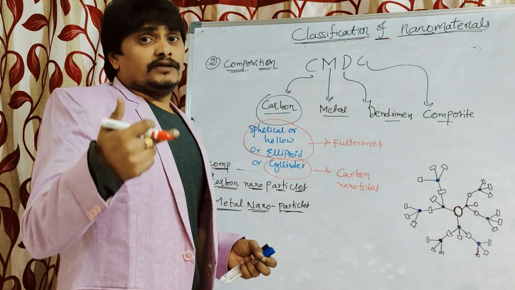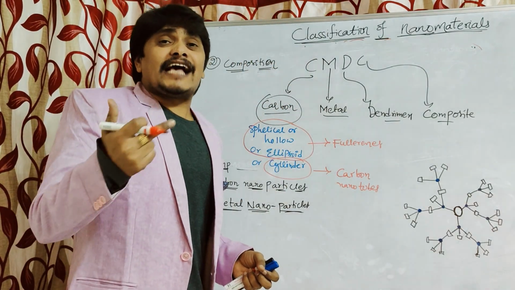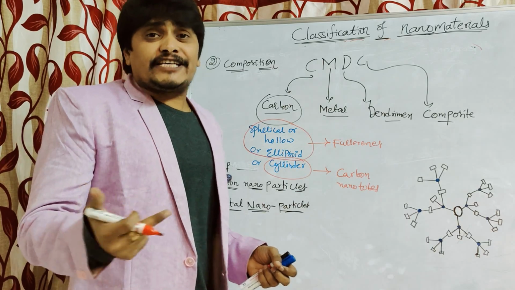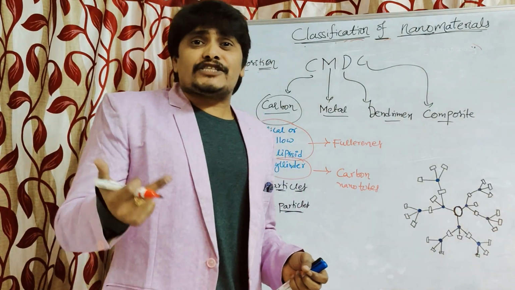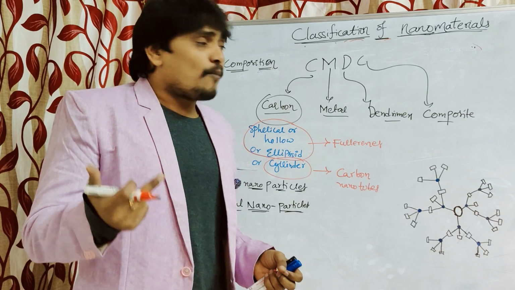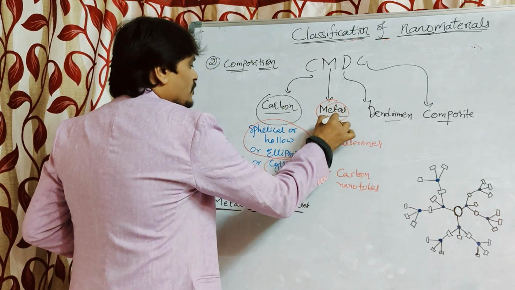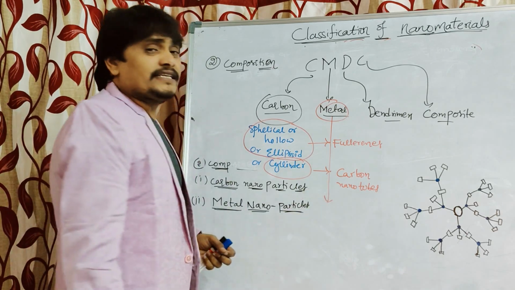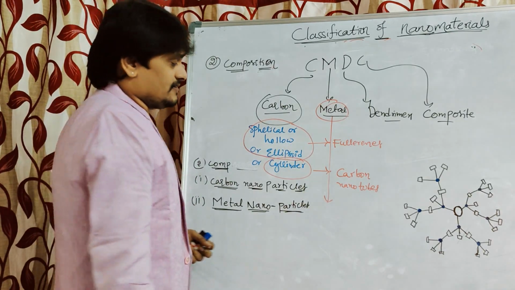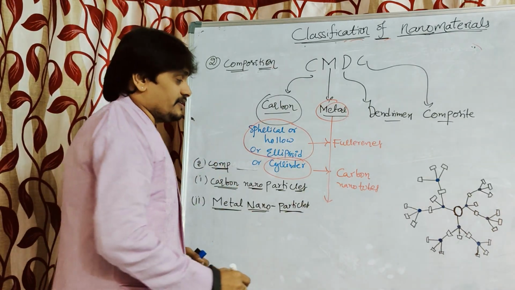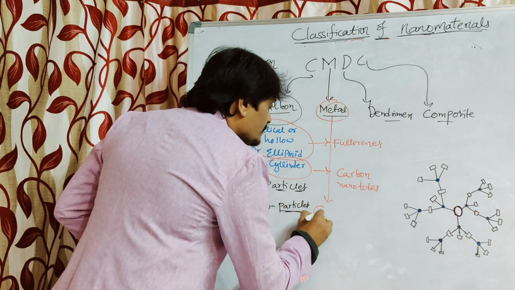Now, based upon the composition, what is the next class of nanomaterials? The next class is metal-based nanomaterials. Examples are quantum dots.